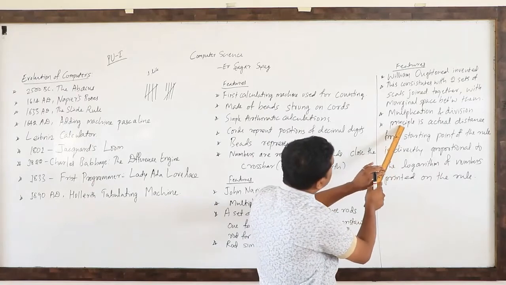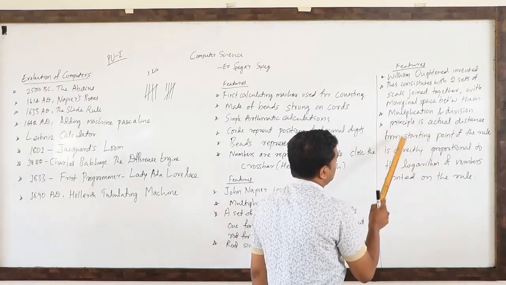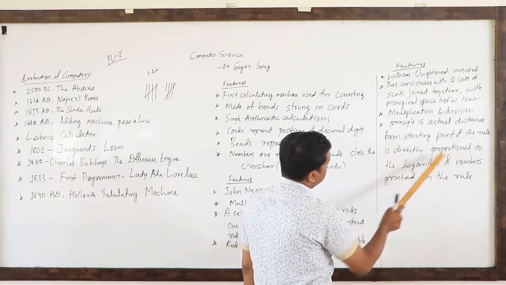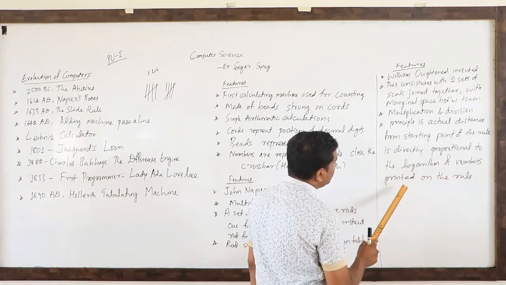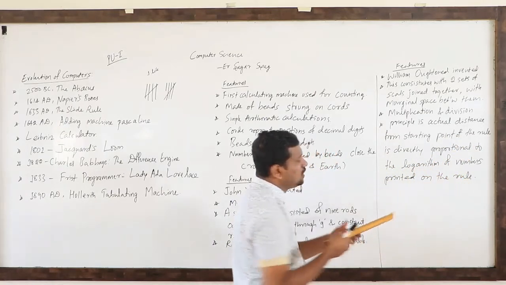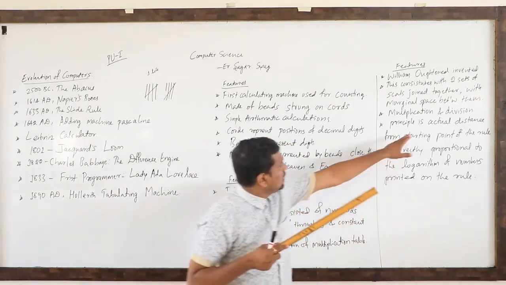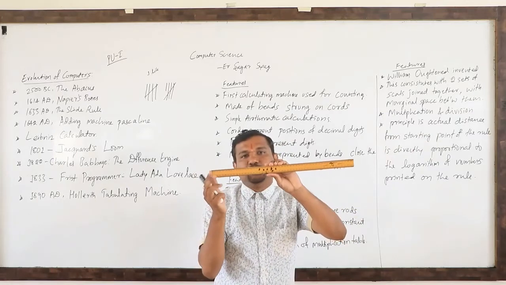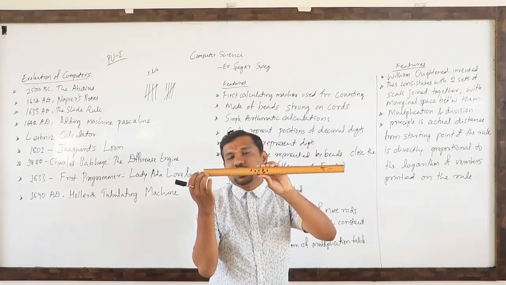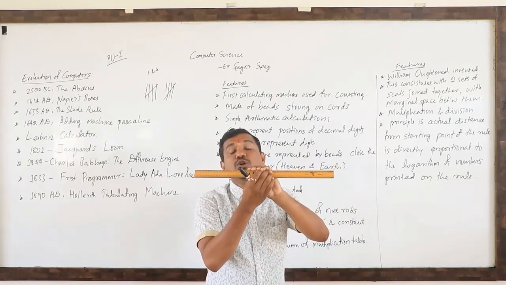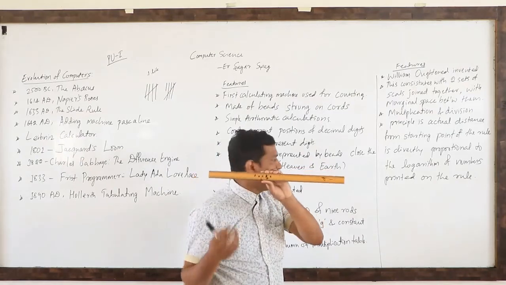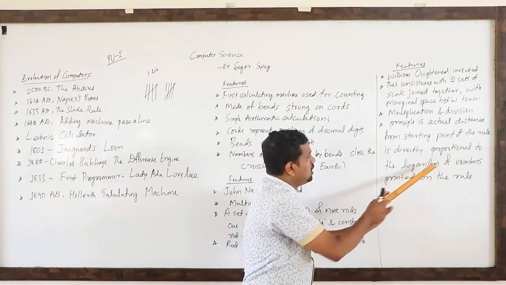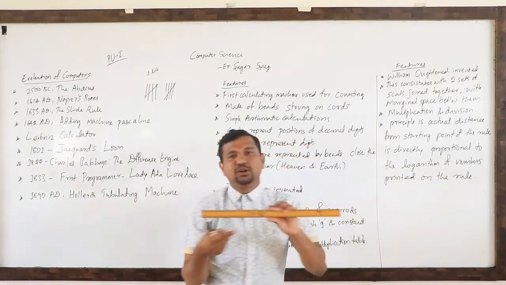The principle is that the actual distance from the starting point of the rule is directly proportional to the logarithm of the numbers printed on the rule. This is the starting point, and the actual distance from the starting point, as it goes on increasing in this direction, is directly proportional to the logarithm of the numbers printed on this.